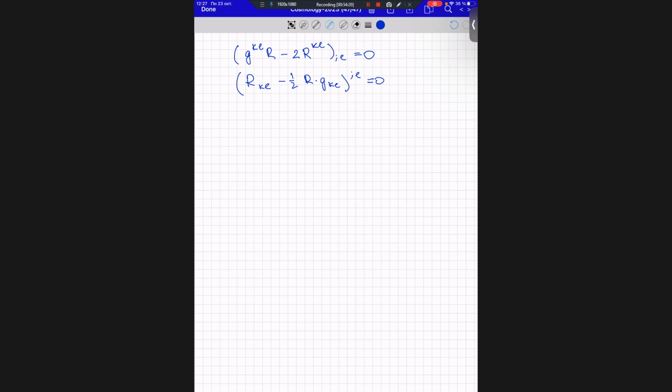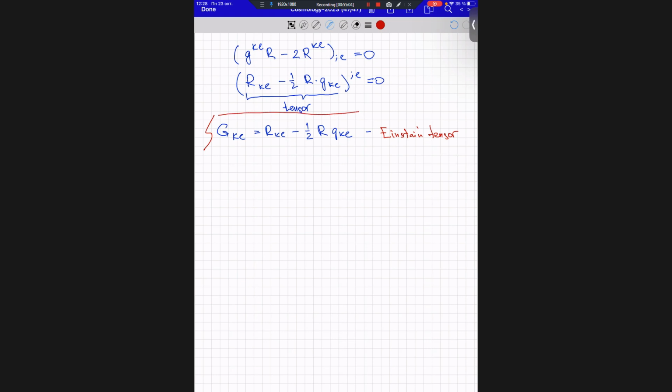And this tensor is a tensor, because the Ricci tensor, scalar curvature, metric tensor, and covariant derivative finally create the tensor called the Einstein tensor.